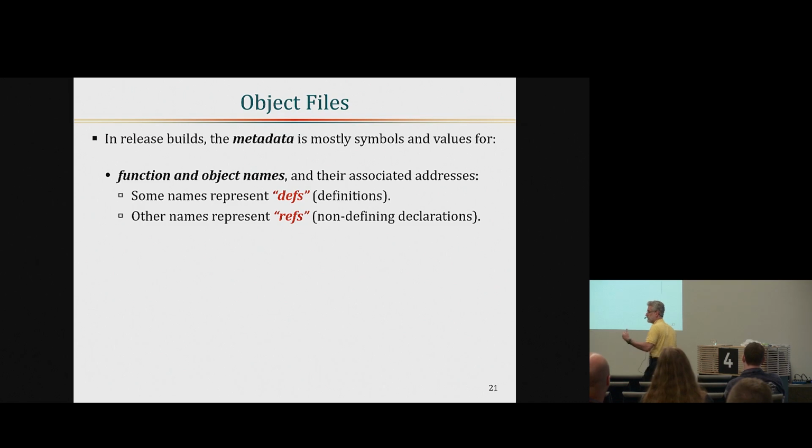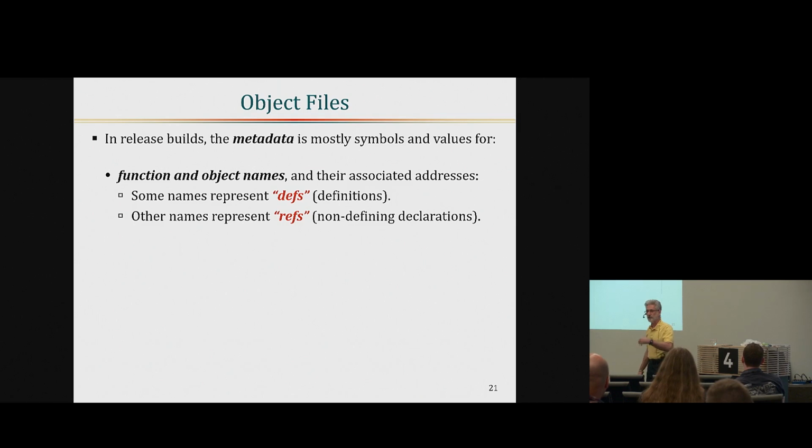But the linker has to use this stuff in order to take two object modules in which there's compiled code, for example, for a function call over here, calling a function that's actually defined over there. Somehow or another, the linker needs that information. And so the function and object names are often known as defs and refs.